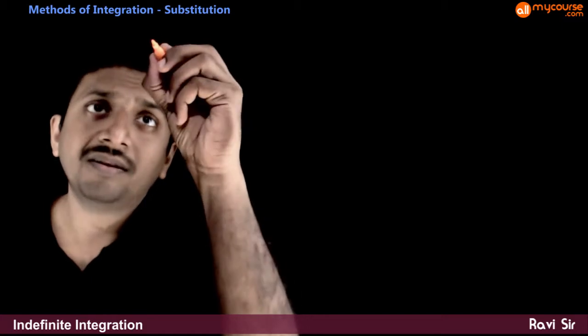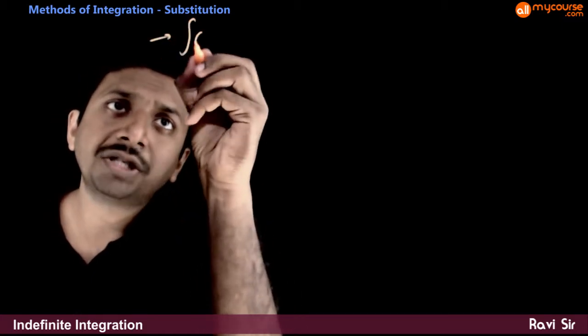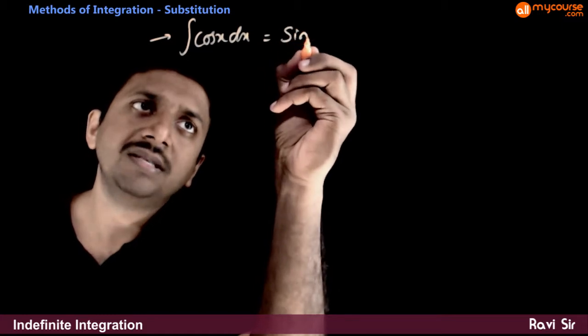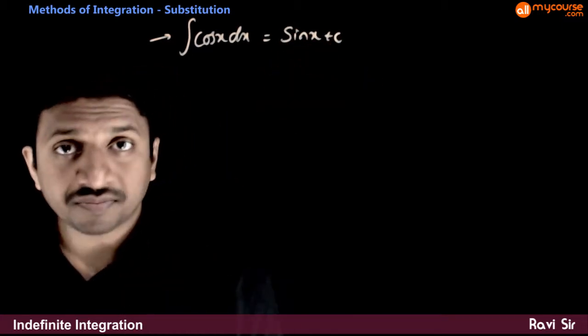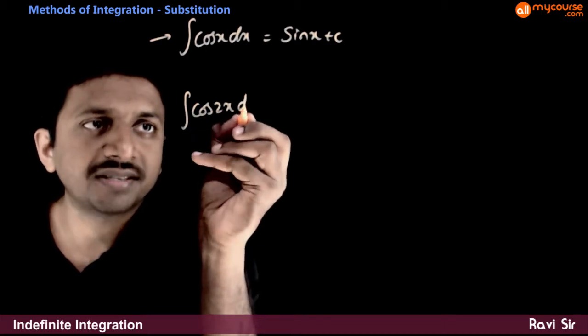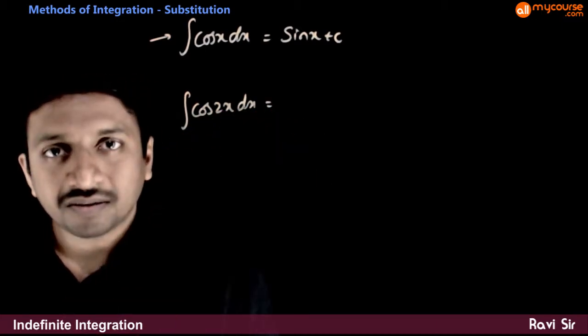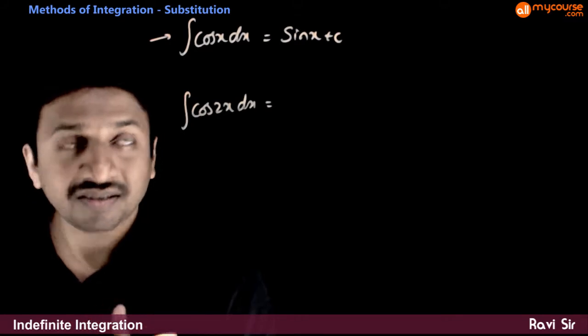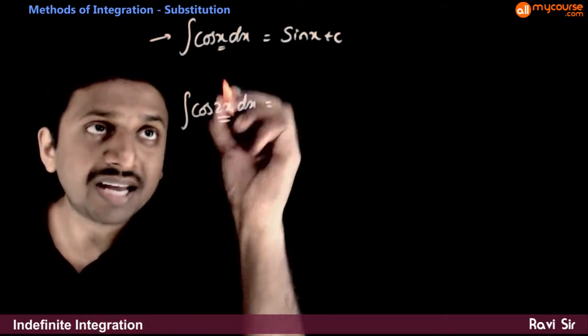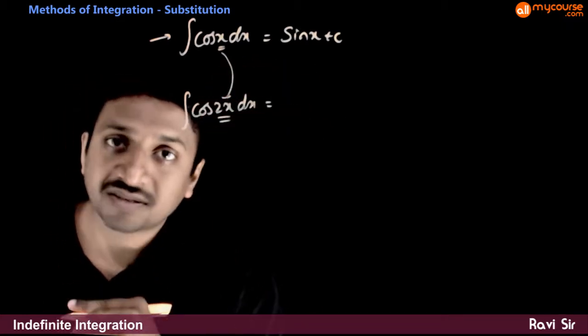For example, we know that integration of cos x dx is equal to sin x plus c. Now, if you are asked to integrate cos of 2x dx, as you can see in this formula, you just have 2x in the place of x.